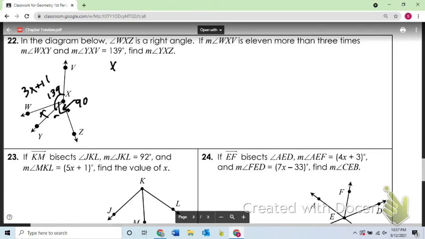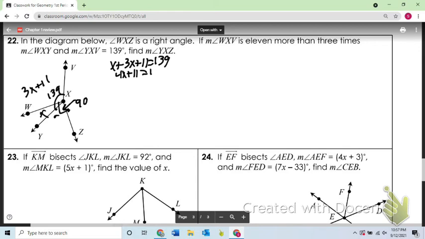So we know that if we add X plus 3X plus 11, we're going to get 139. Ultimately what we're trying to do here is find the value of YXZ. That's the bottom part of that right angle. So if we can figure out what X equals, then we can just subtract that from 90.